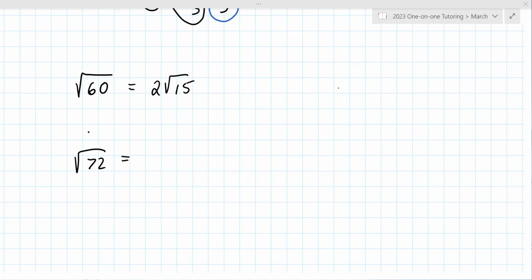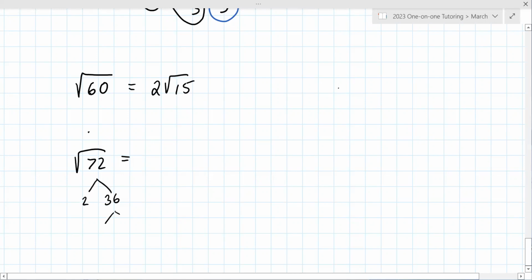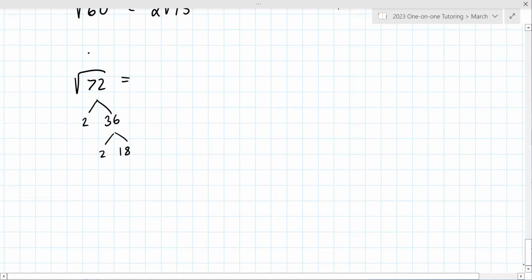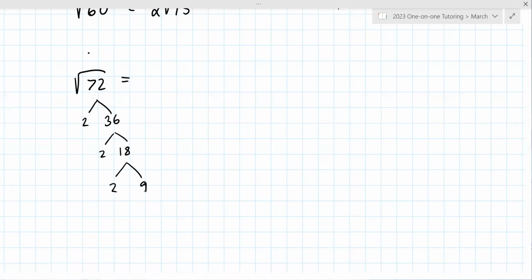Okay. Did you try 3 at any point? Yeah. Like when you get to 18 here, 2 still works, but eventually you get to 9. Yeah. What does that reduce to? What's the next number you try? 3. Okay.